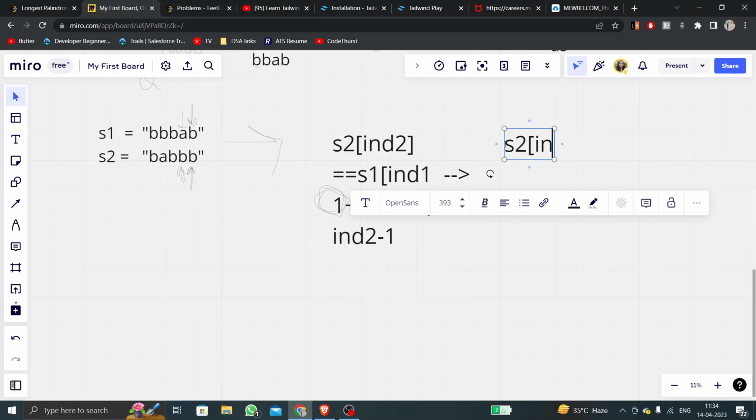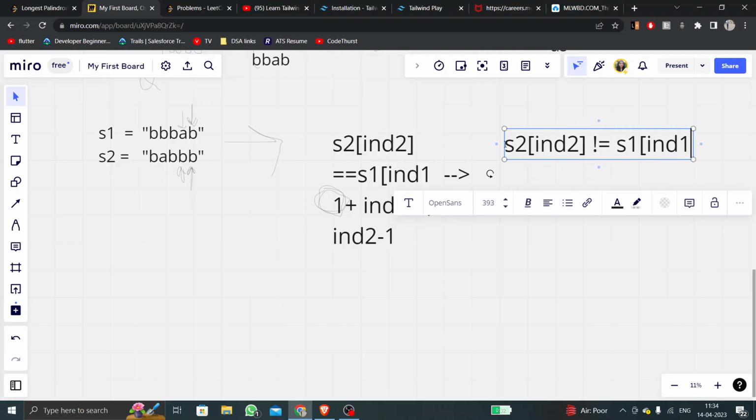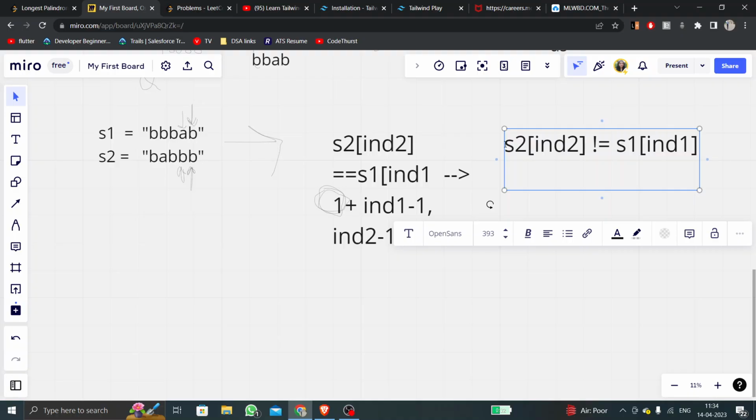If the character does not match, then we'll simply check two cases. Since the characters had not matched, we'll not add 1 to the answer.